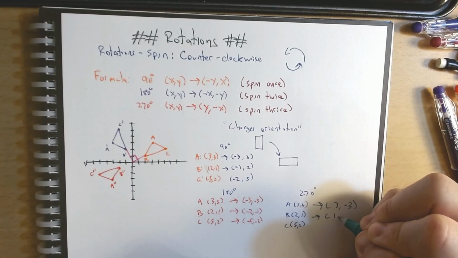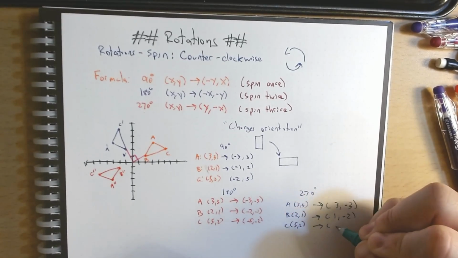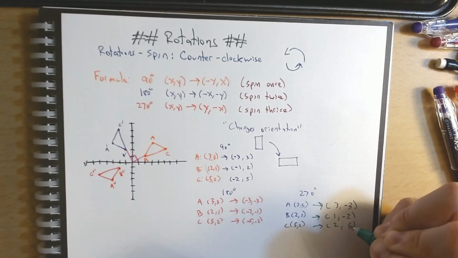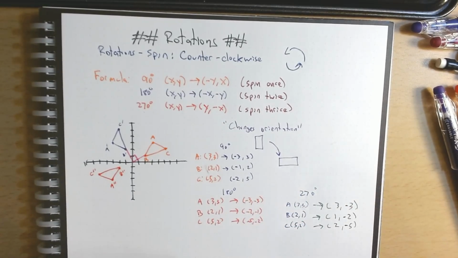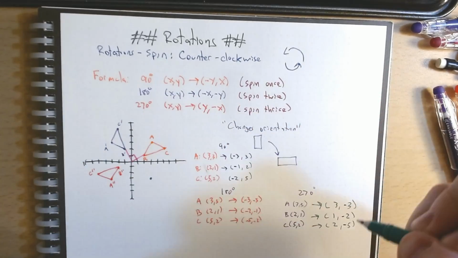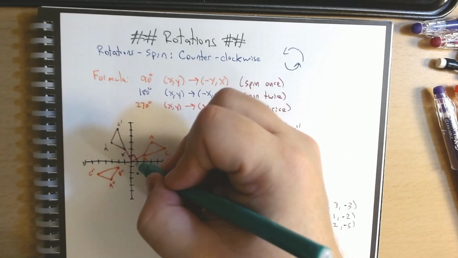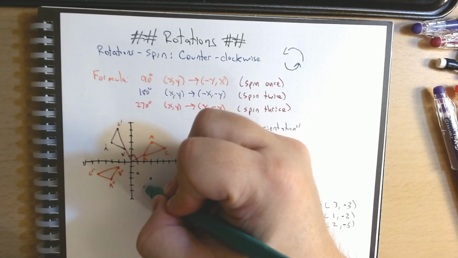So it's going to be 1, -3; 1, -2; and 2, -5.